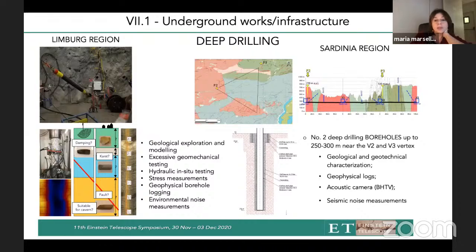We will also look after the drilling activity. You know that both in Limburg and in Sardinia there are activities going in this direction.